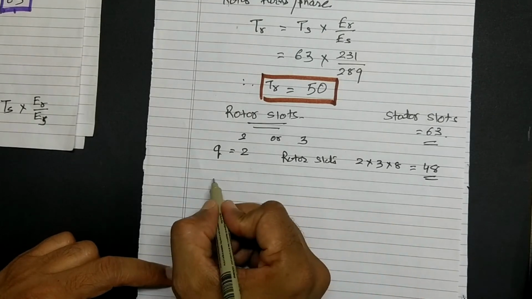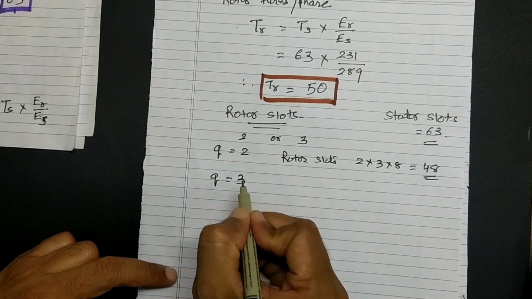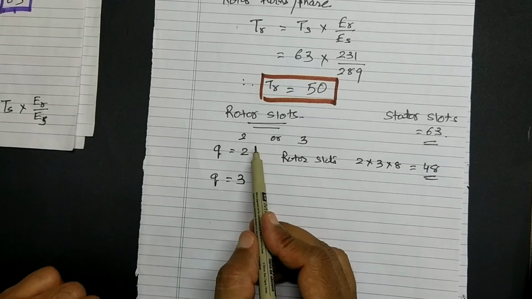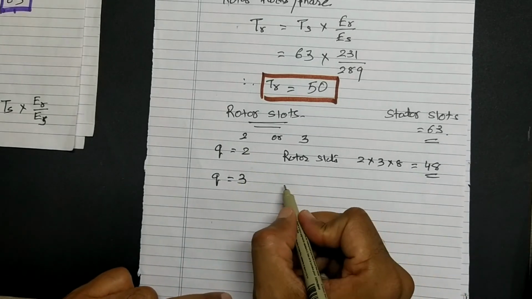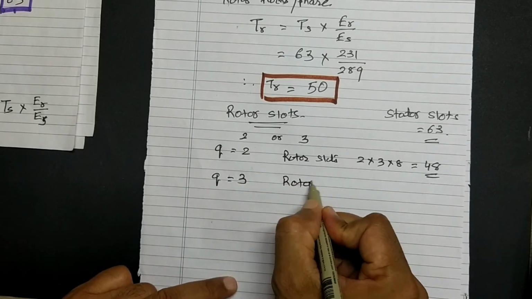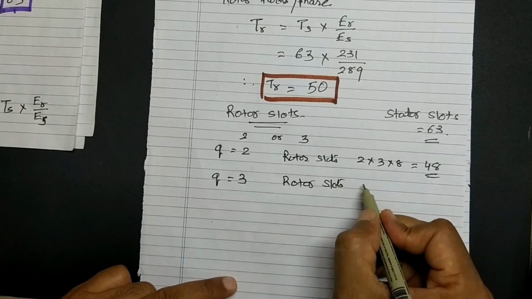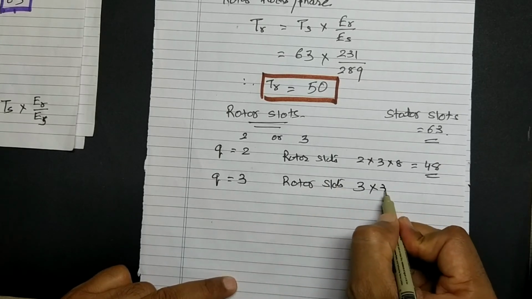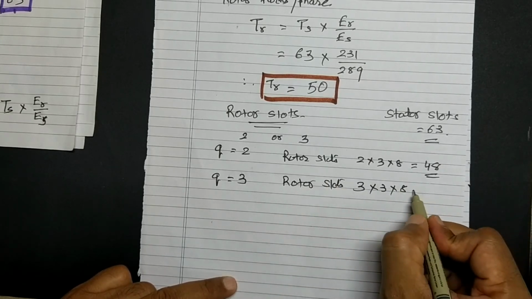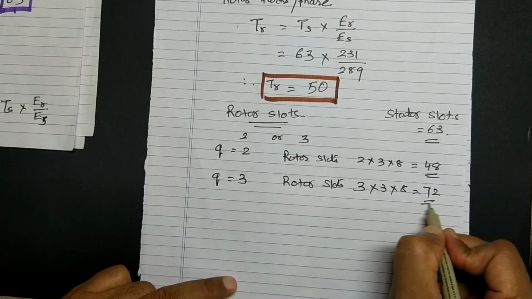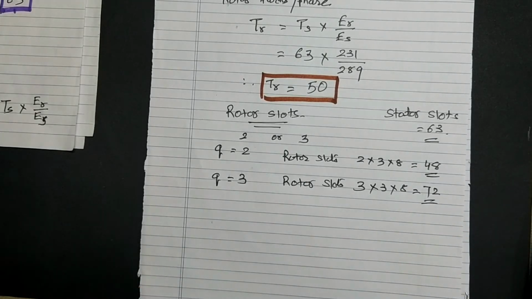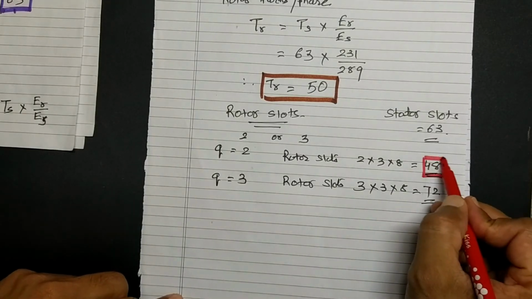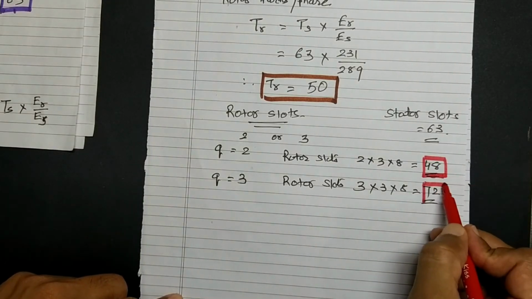Suppose we take Q equal to 3, that is the rotor number of slots per pole per phase. In this condition, rotor slots is 3 multiplied by 3 multiplied by 8, so it comes to 72.